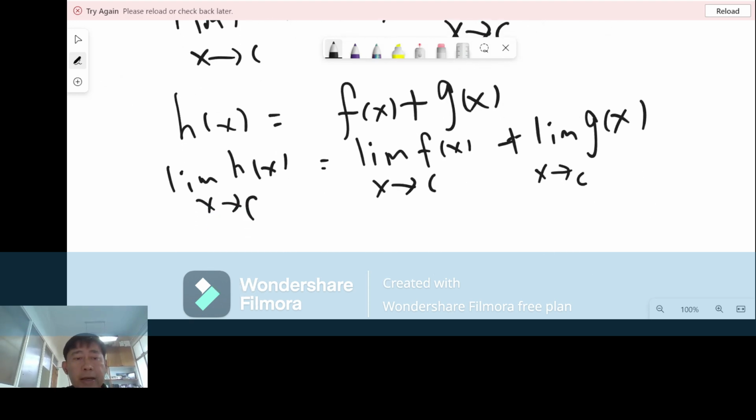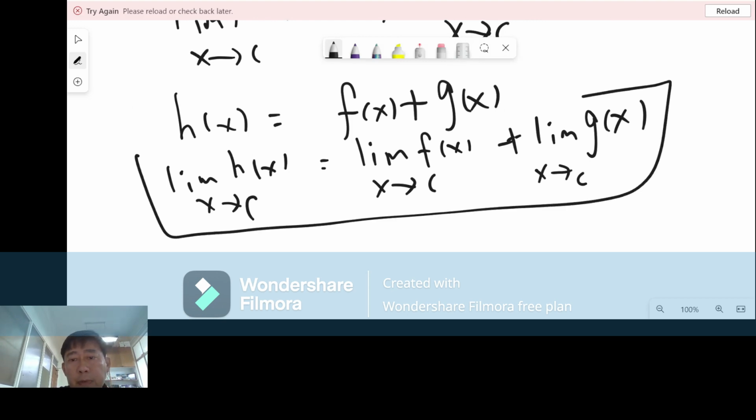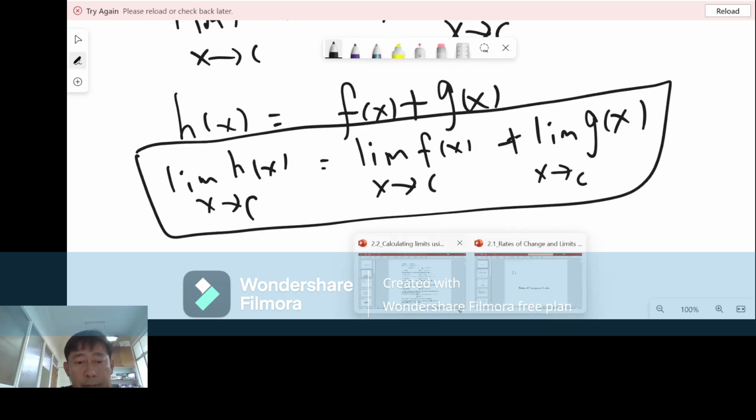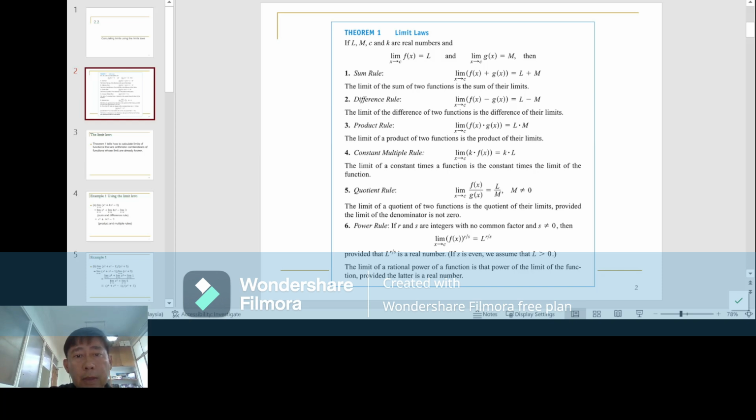That is what the theorem number 1 sum rule says.